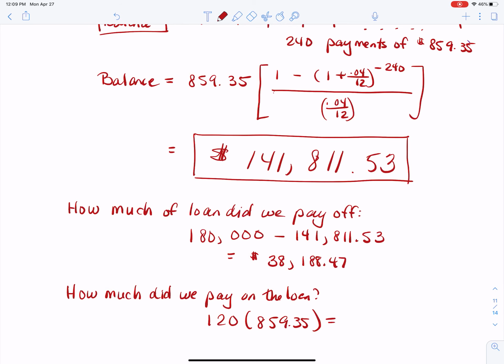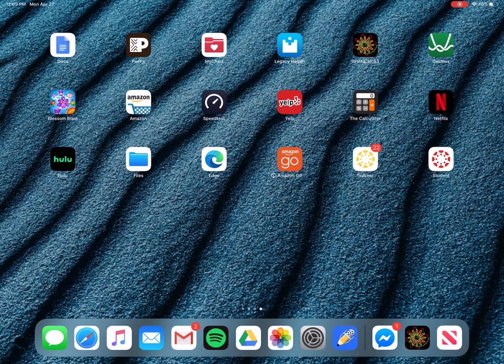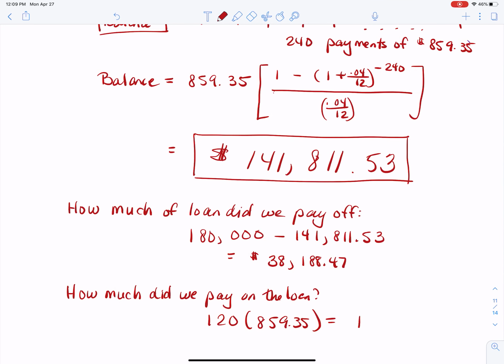Ooh, this is going to be a big number. $103,122. So just take a look at that. We only paid $38,000 off toward the loan. This is how much money came out of our pockets.